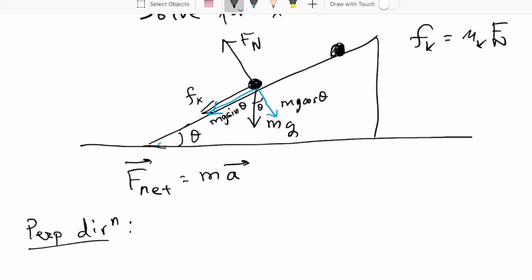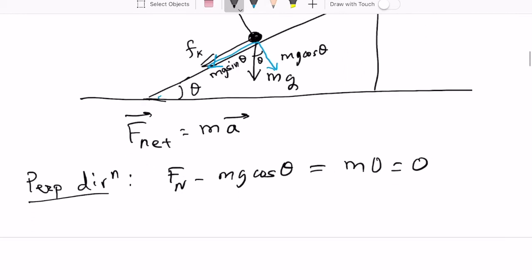In that case, Fn minus mg cosine theta would be equal to mass times acceleration in the perpendicular direction. Clearly, there is no acceleration in the perpendicular direction, so we get mass times 0, which is equal to 0. And so from here, we can just solve for Fn, and Fn is equal to mg cosine theta, right?